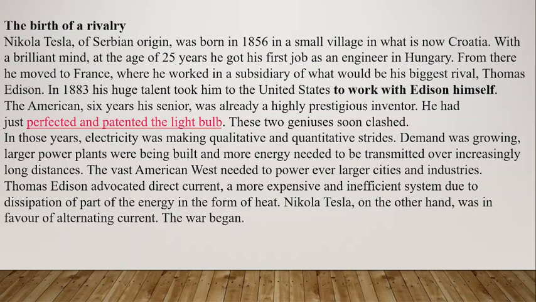The vast American West needed to power large cities and industries. Thomas Edison advocated direct current, a more expensive and inefficient system due to dissipation of part of the energy in the form of heat. Nikola Tesla, on the other hand, was in favor of alternating current, and the war began.